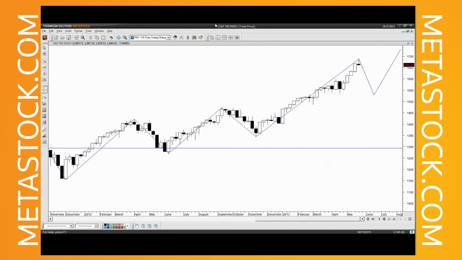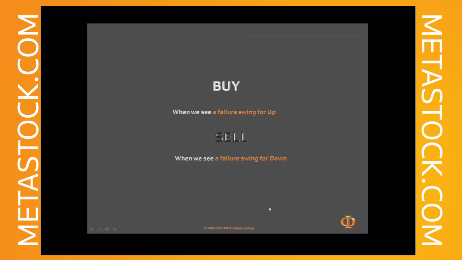And this is in a nutshell how we use the failure swing, right? Now we'll see a few more examples later, but for now let me continue and add a few more things to our puzzle. So look at this.